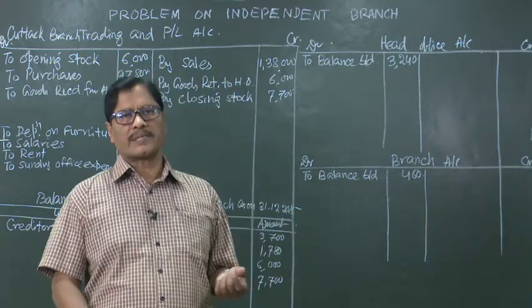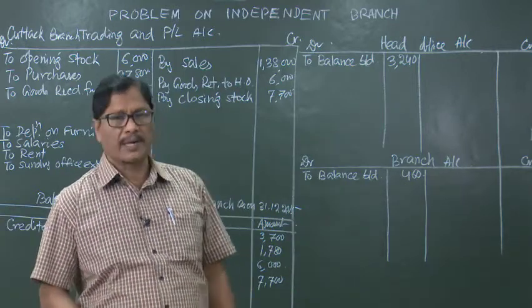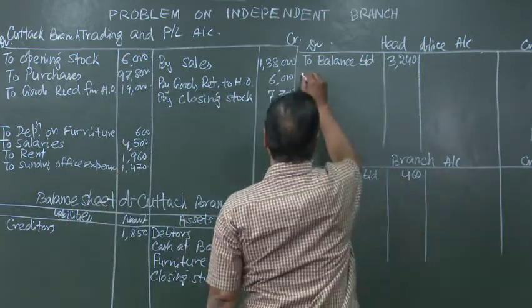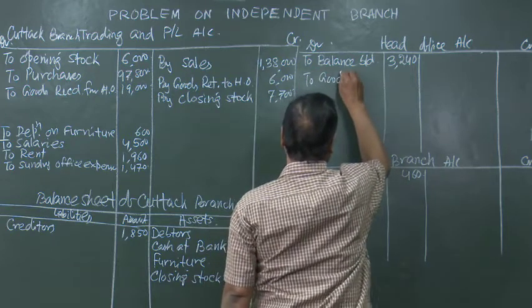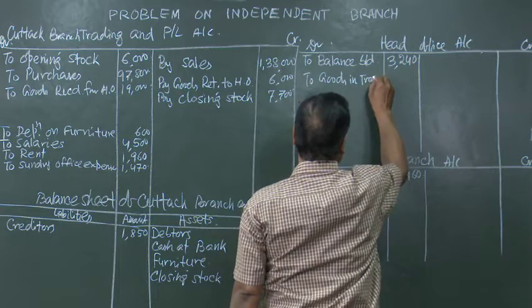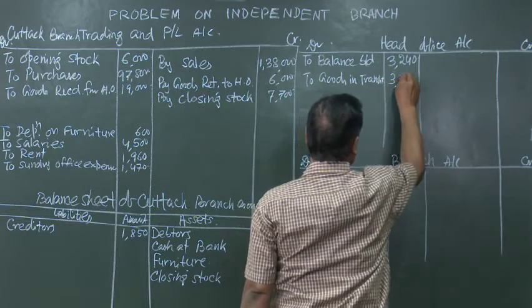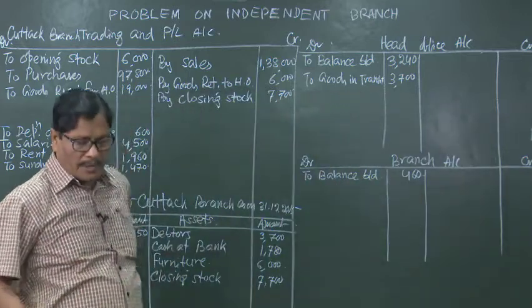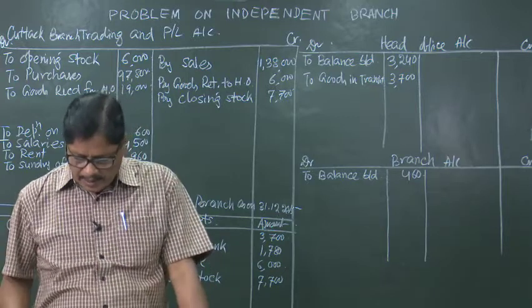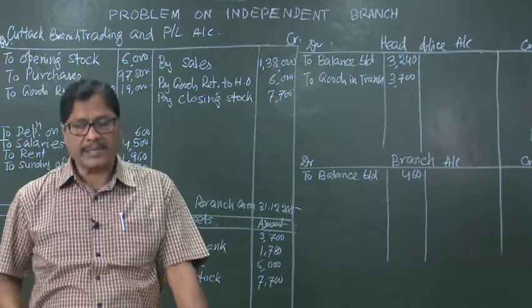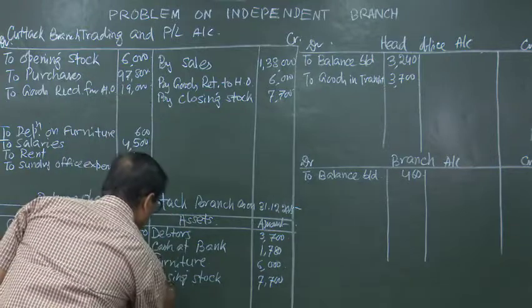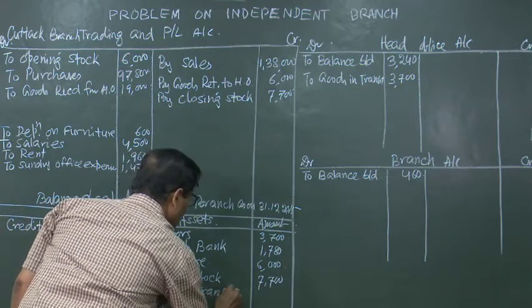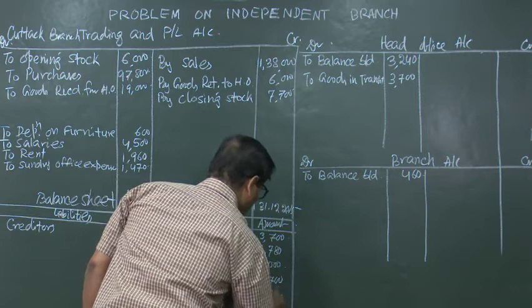Now, if the branch passes this entry for 3,700, the entry will be goods in transit debited to head office account, $3,700, and goods in transit will appear again in the asset side of the balance sheet, $3,700.